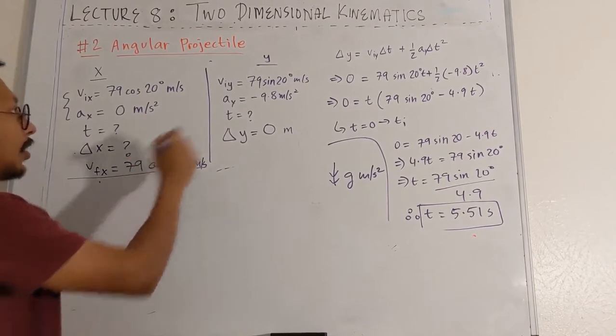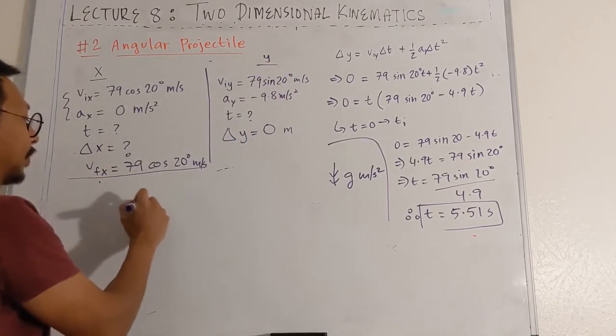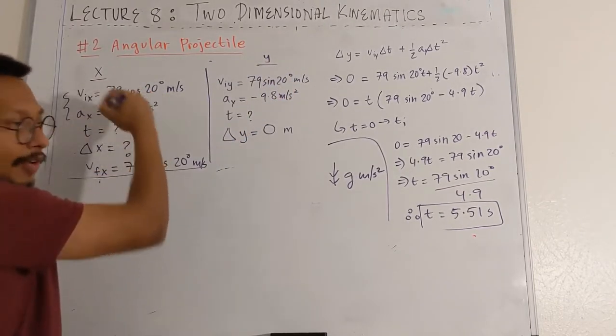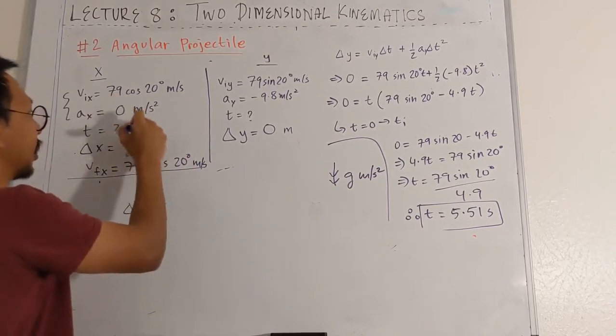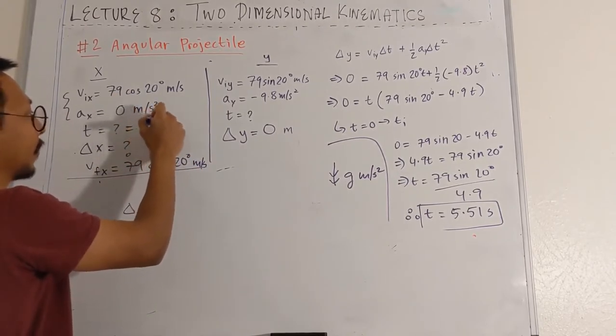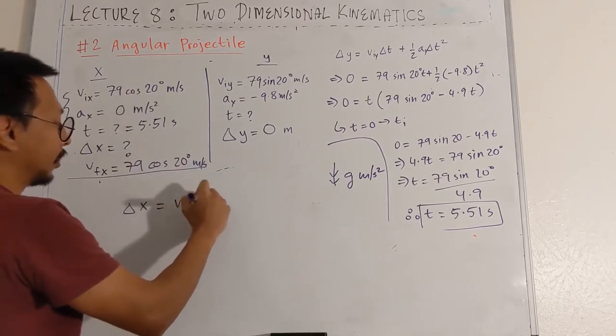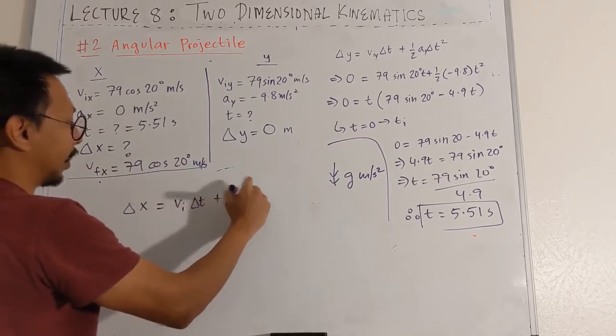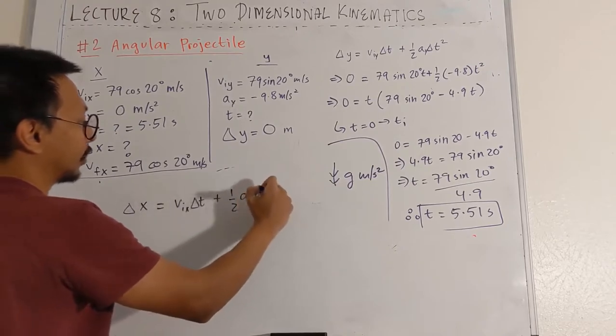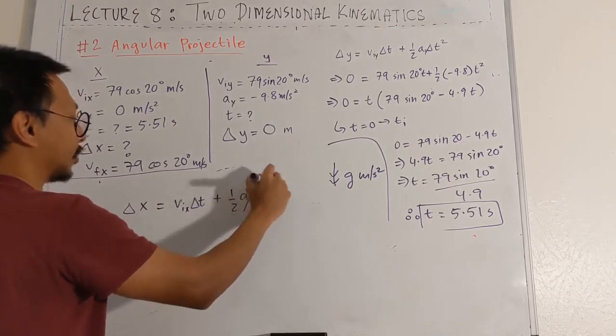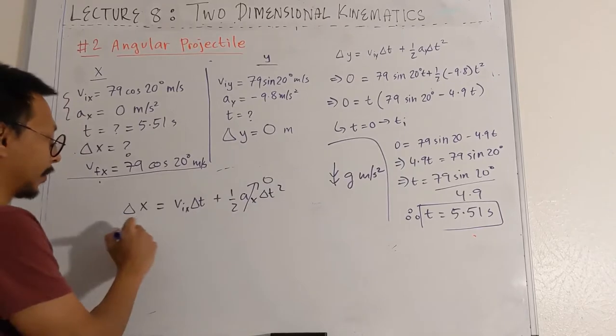So then we can use the same equation again, delta x, but with the x variables, since we know time now, 5.51. Delta x equals vi delta t plus 1/2 ax delta t squared. Again, ax is 0, so this term goes away.